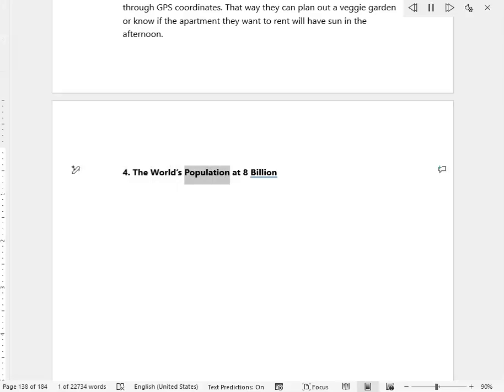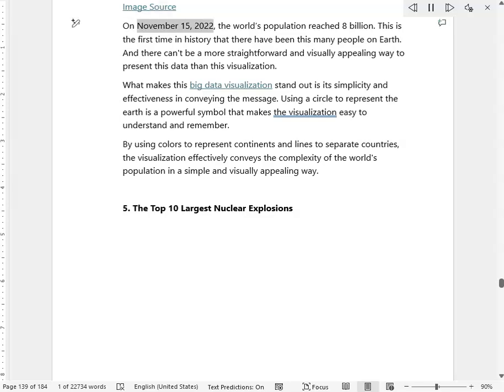4. The world's population at 8 billion. On November 15, 2022, the world's population reached 8 billion. This is the first time in history that there have been this many people on Earth. And there can't be a more straightforward and visually appealing way to present this data than this visualization.